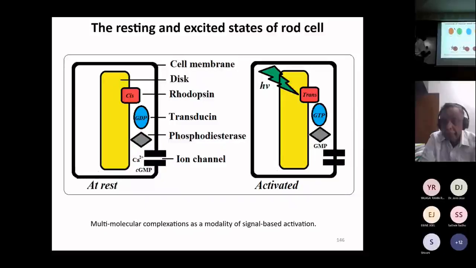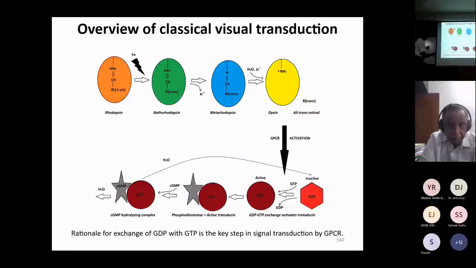So here is the rationale once again, rhodopsin. The light hits, and you have trans-retinol coming out. The GPCR gets activated; the GPCR is the transducin, which is bound to GDP. It exchanges GDP for GTP, and then GTP is active and binds to phosphodiesterase, which then utilizes cyclic GMP.